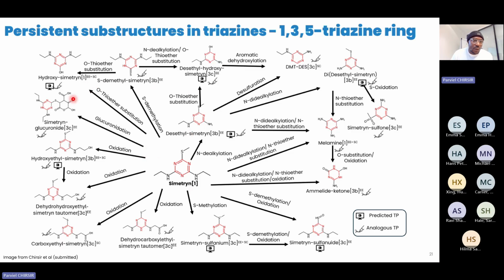But you also notice here that the 1,3,5-triazine ring marked in red is retained in all the transformation products. This is a similar case for all the triazine-containing compounds. So one could say that the 1,3,5-triazine ring is a persistent substructure in the transformation products of triazine-containing compounds using the zebrafish embryos.